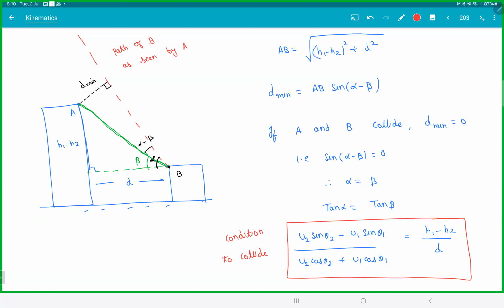But you can do this thing much faster without finding D minimum. Let me show that in the next page, but have a look at this.